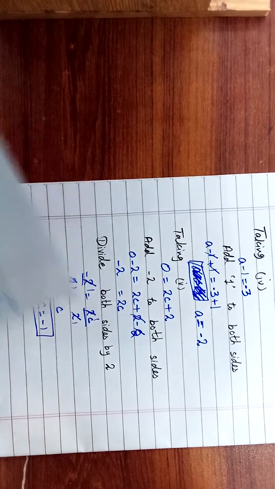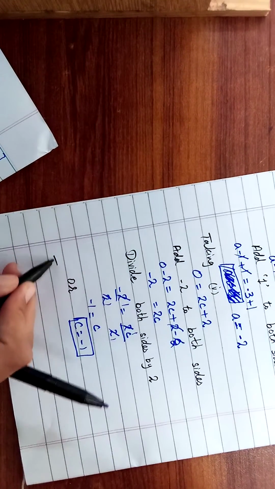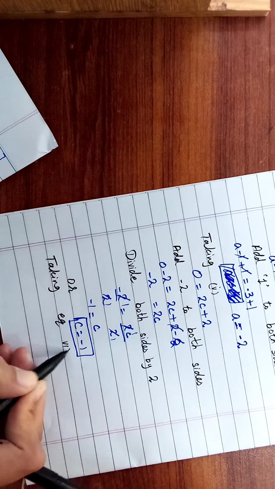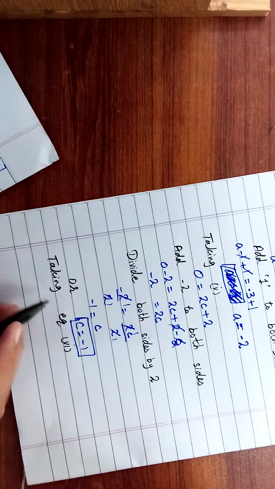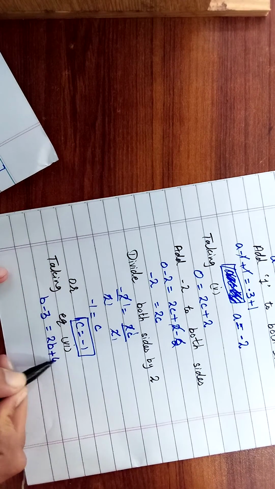Now, the last equation is equation number 6, which is b minus 3 is equal to 2b plus 4.